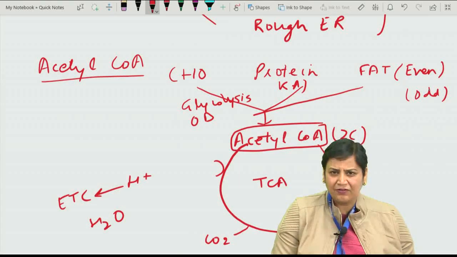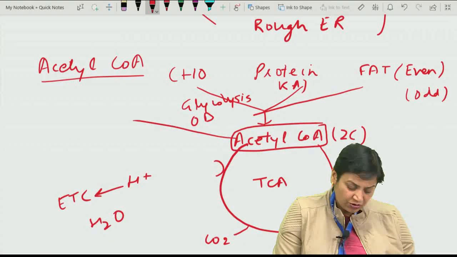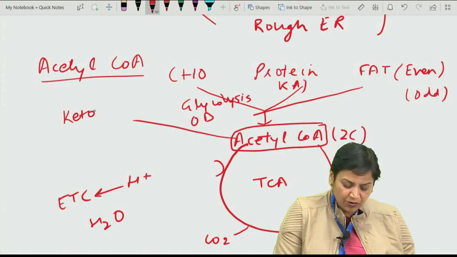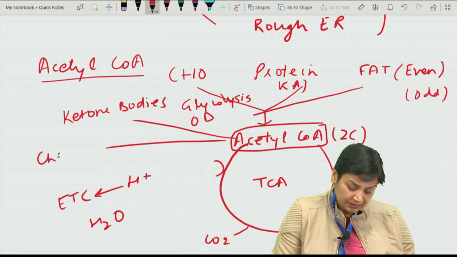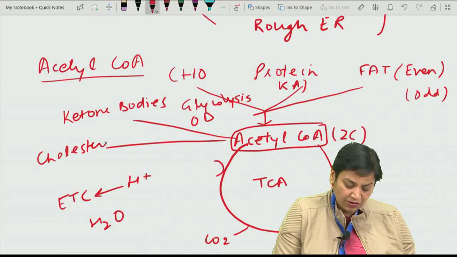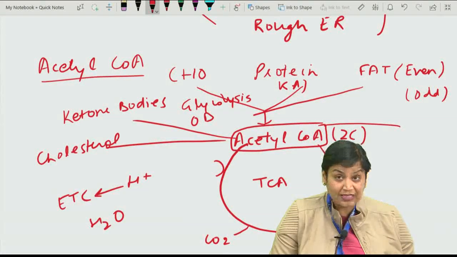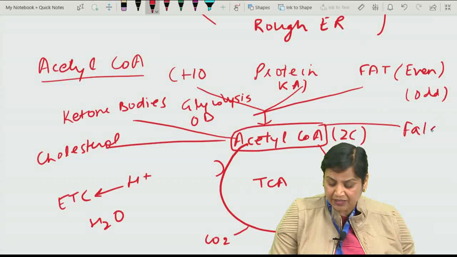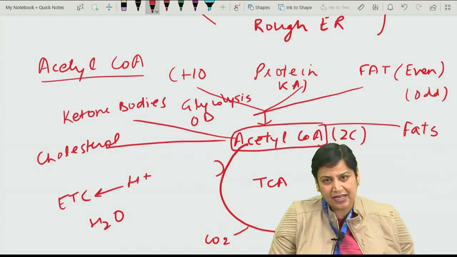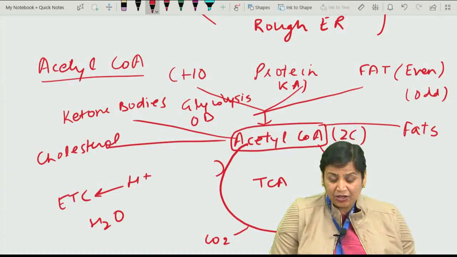So we can say this is very important. And this acetyl coenzyme A is converted to form ketone bodies. It is converted to form cholesterol. Precursor of cholesterol and ketone bodies is acetyl coenzyme A. Similarly, acetyl coenzyme A can be converted into fats. Precursor of lipogenesis is acetyl coenzyme A. All can be converted directly into this.